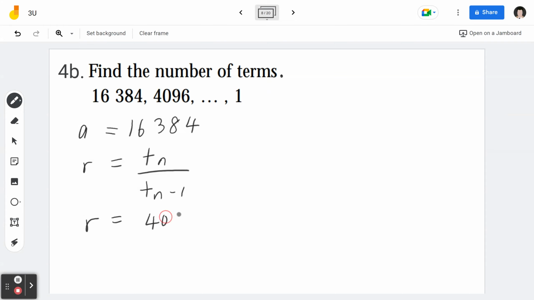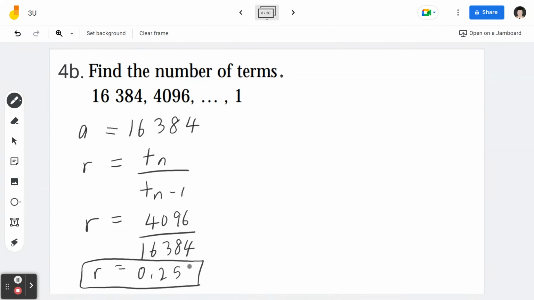This is going to be 4,096 divided by 16,384. And I think this is 1 divided by 4. Again, you can always double check with a calculator. Now, some students may prefer 0.25. So either 1 divided by 4 or 0.25, either one is fine.